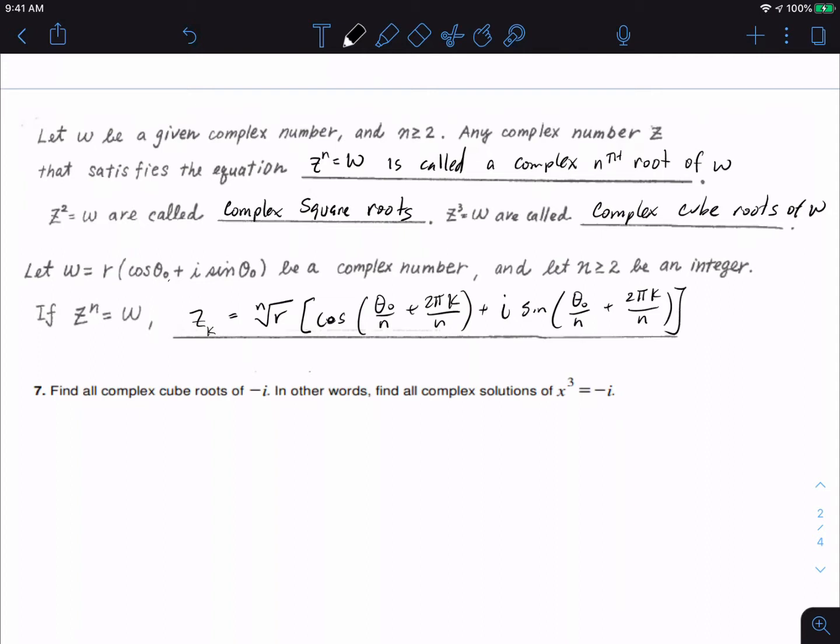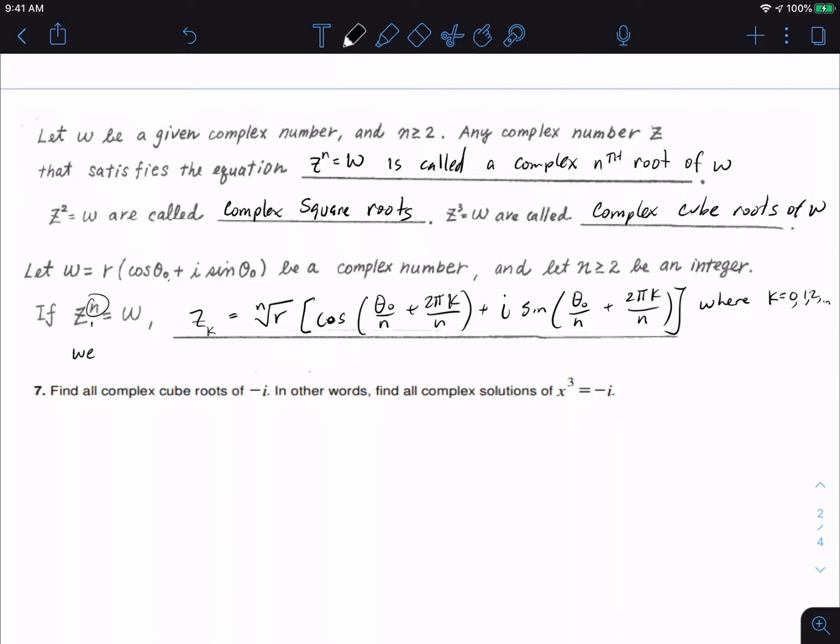And this is where k is going to be the integers 0, 1, 2, dot, dot, dot, till we get to n minus 1.